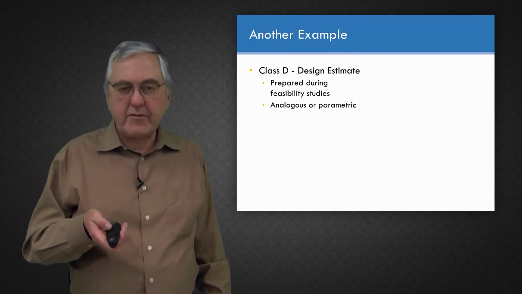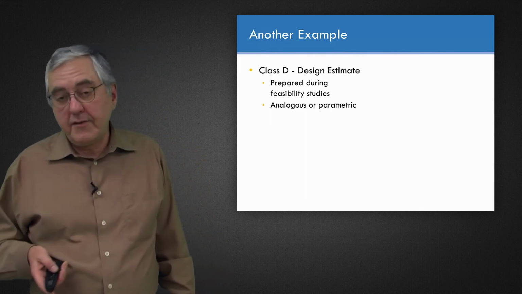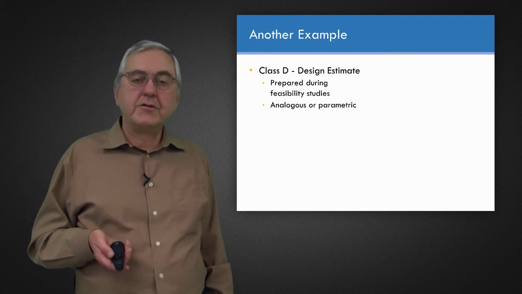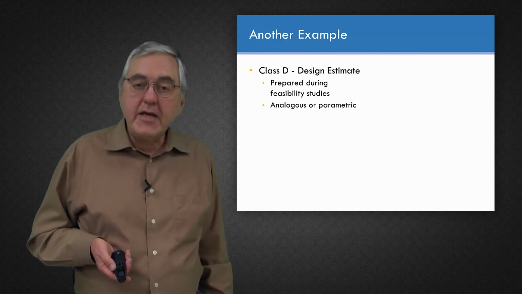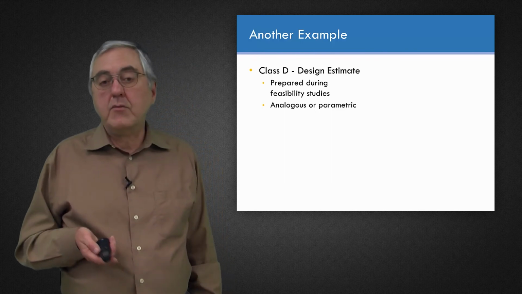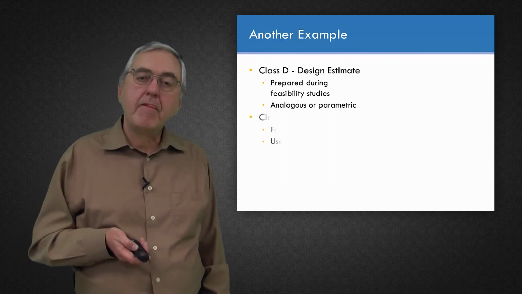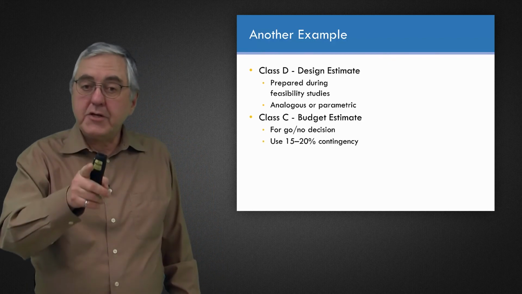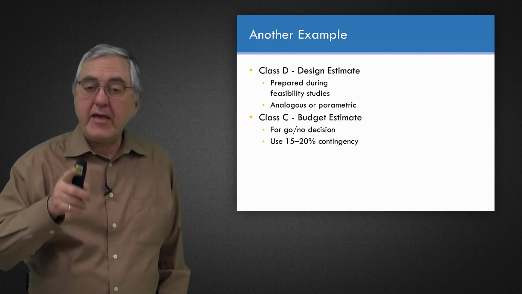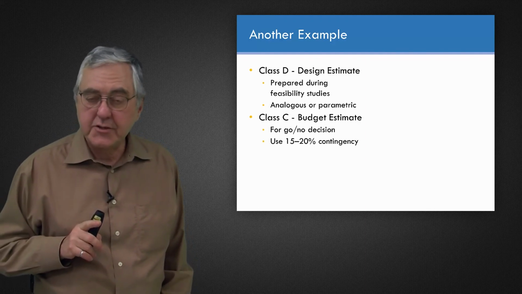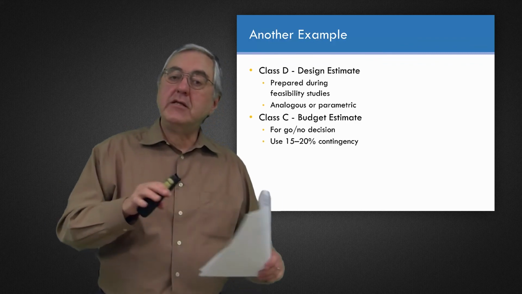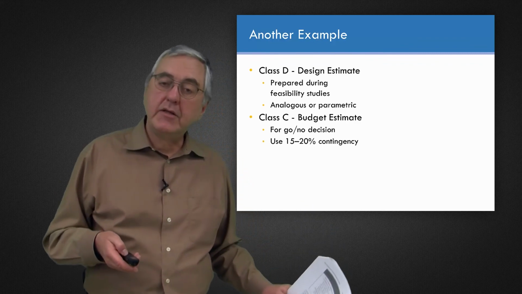So they came up with this system, and it still lives on in commercial and government projects. So Class D would be an early estimate. It would likely be analogous or parametric. Class C would be a budget estimate. Now notice here, they do not say what the accuracy percent range is. Instead, they say a budget estimate might have 15 or 20% contingency built into it.